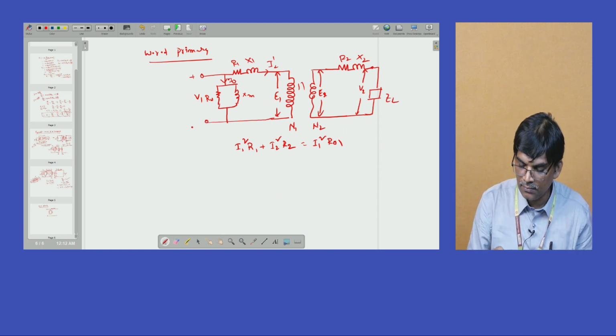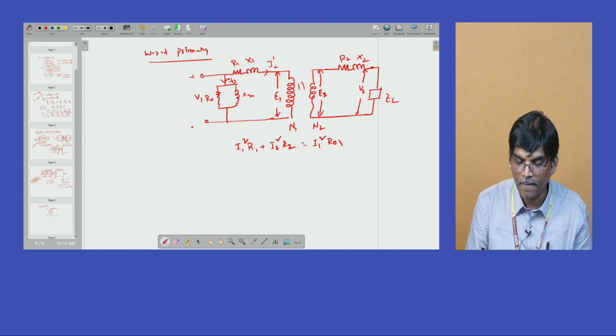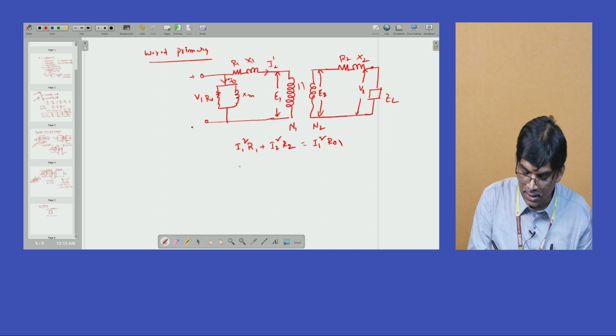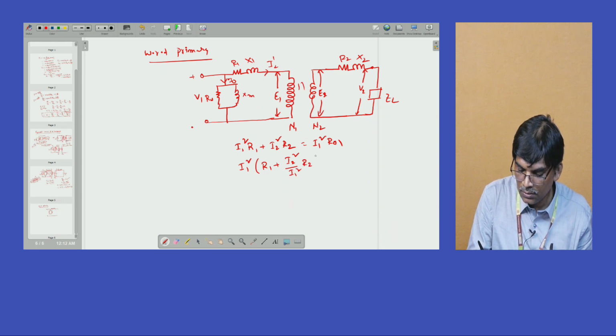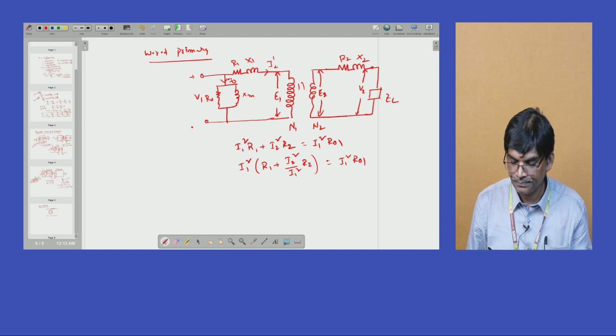From this equation we can simplify how to convert the R2 value in terms of primary. I1 square is common: I1 square into R1 plus I2 square by I1 square R2 equals I1 square R01.